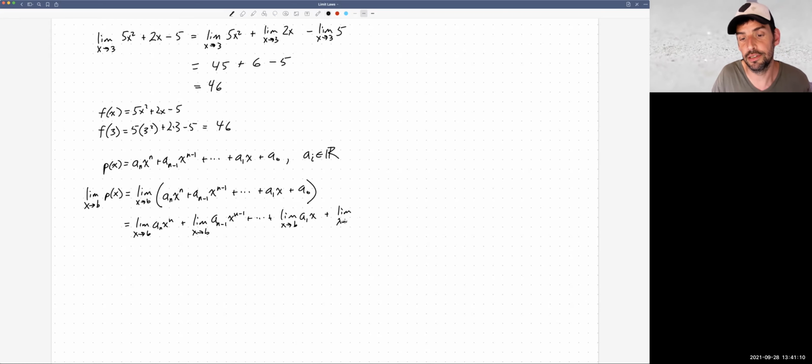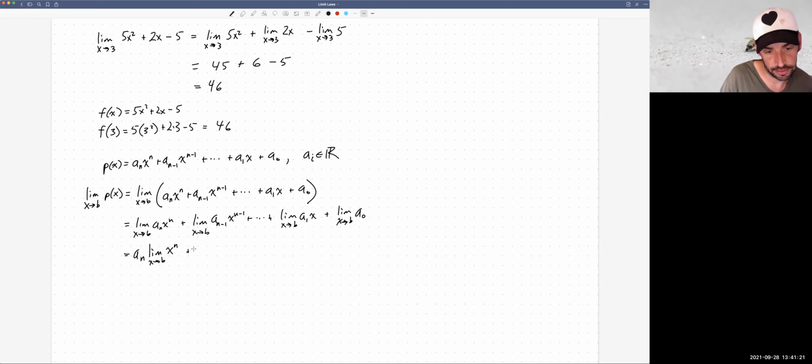The limit as x goes to b of a naught. I can slide each of these constants out front. Oops, I forgot to slide it out there. I can slide the constants out front.